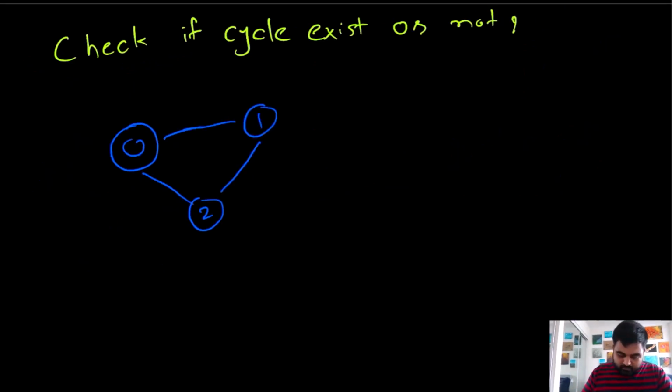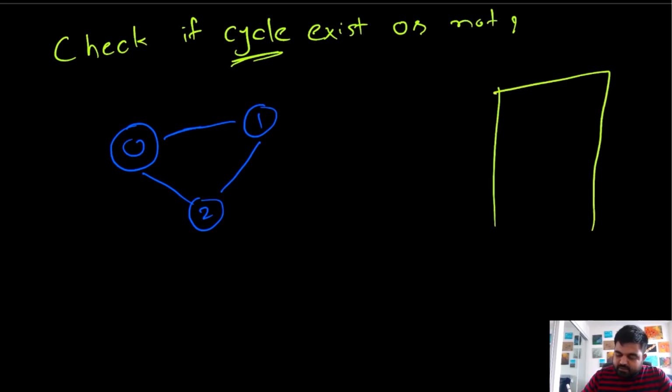Okay, now we have taken care of the first part, and now we need to take care of the second part, that we need to check whether the given graph has a cycle or not. So the first thing that comes to our mind is, why don't we use the visited hash set that we have already created. At any point in time, we are going to start exploring from one of the nodes in the given input graph.